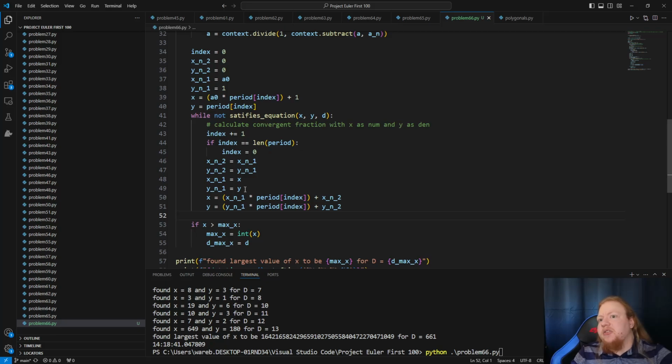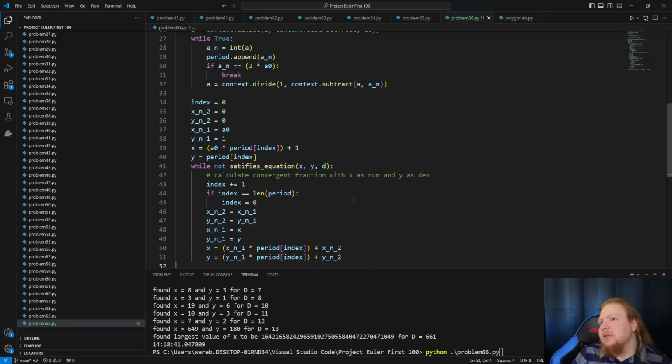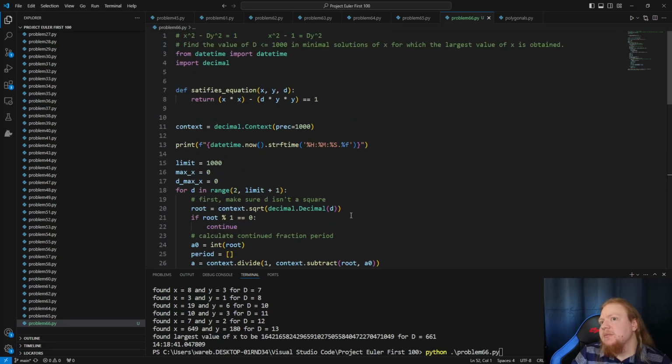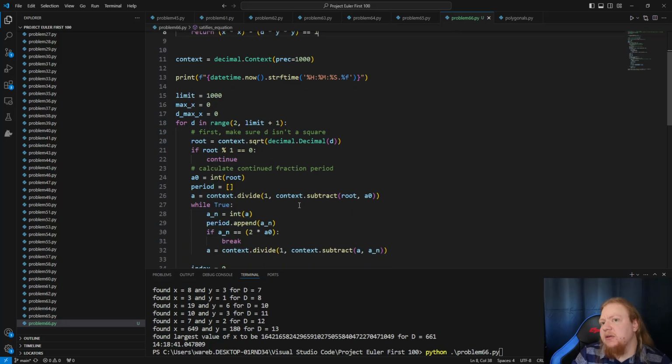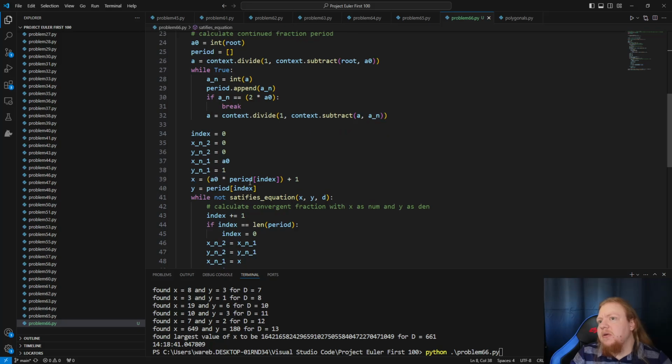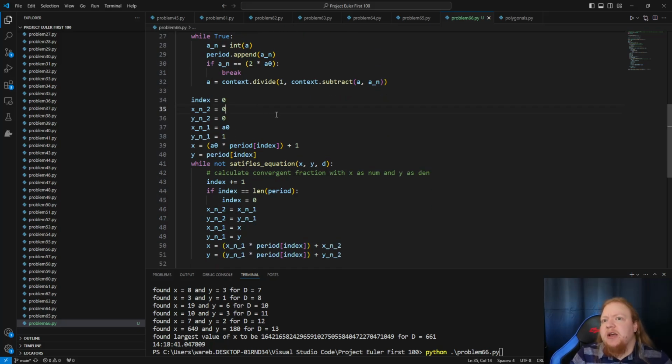I mean, honestly, we don't need to be keeping y because we could be checking whether y is a whole number, and that would probably speed us up slightly. So let's go ahead and make that refactor real quick.